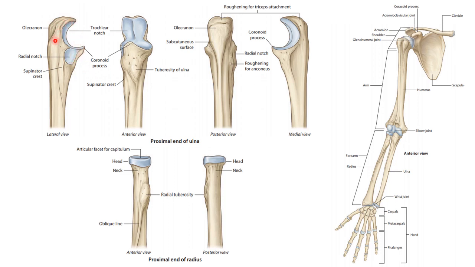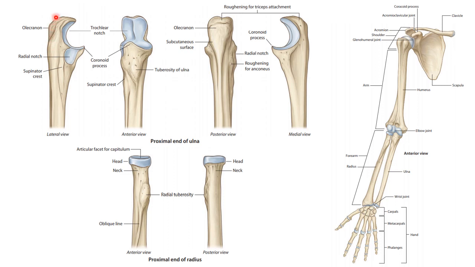There is a large notch, and at the inferior aspect of the notch, a coronoid process. This notch is called the trochlear notch, and you can guess that it articulates with the trochlea of the humerus to form the elbow joint.